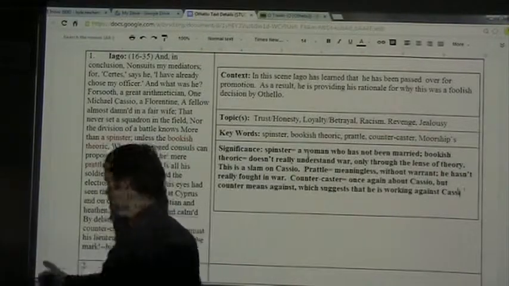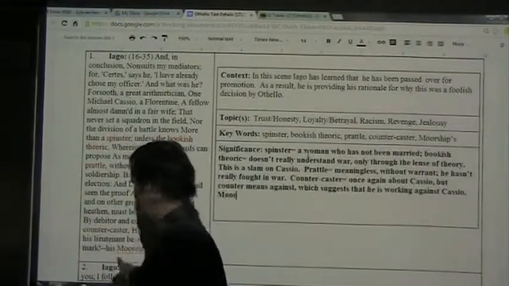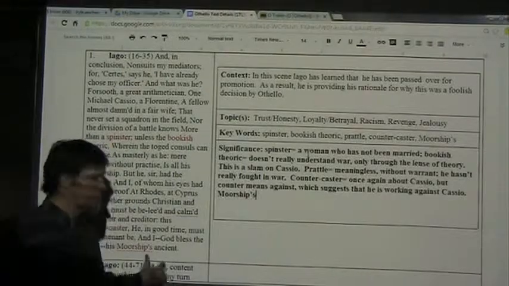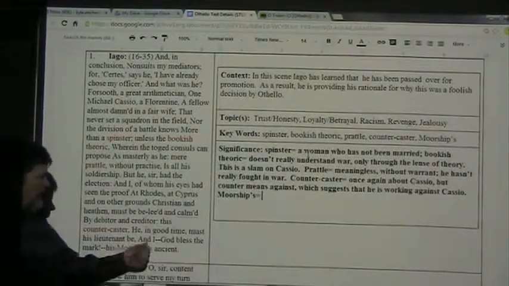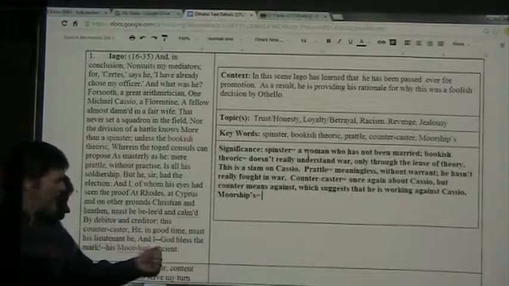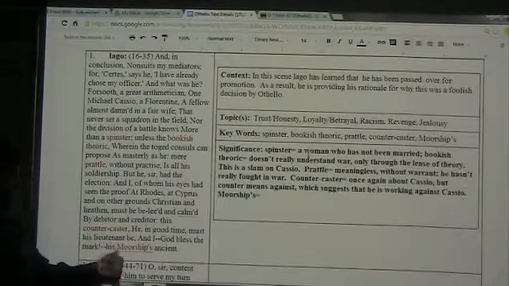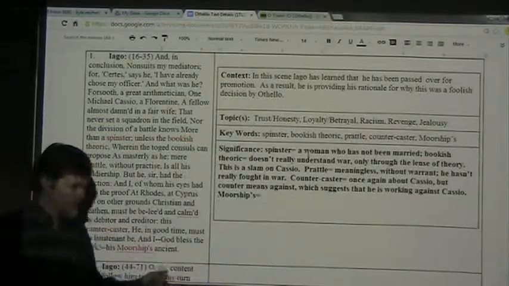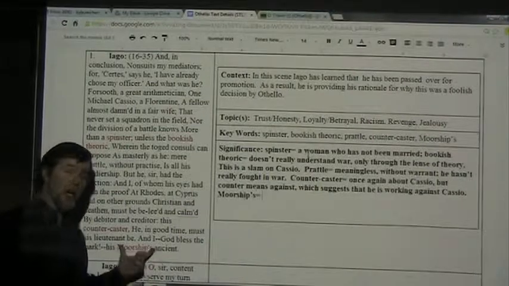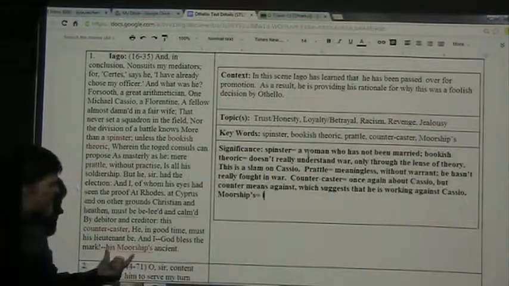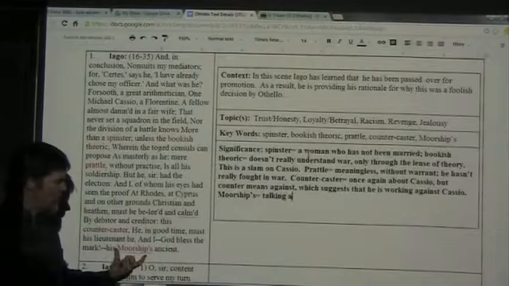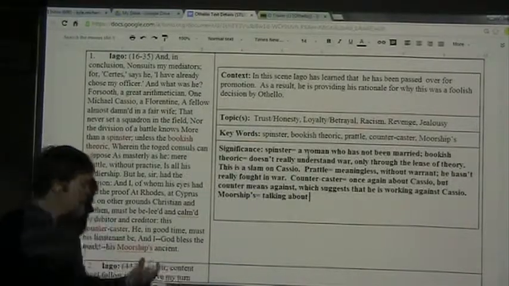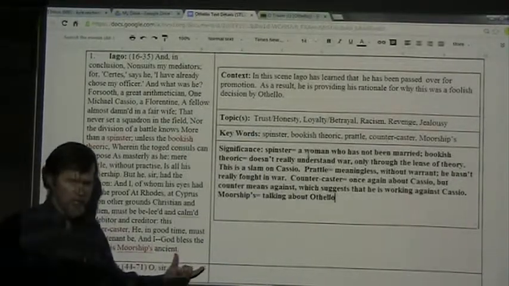The last word that I'd like to focus on, and we have highlighted down here in the text detail, is moorship. "And I, God bless the mark, his Moorship's ancient," says Iago. Now Iago's talking about Othello here. But notice that Shakespeare has Iago say Moorship's ancient. He doesn't say the general's ancient.